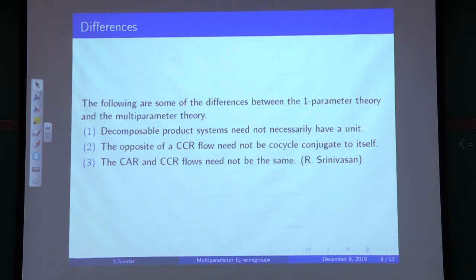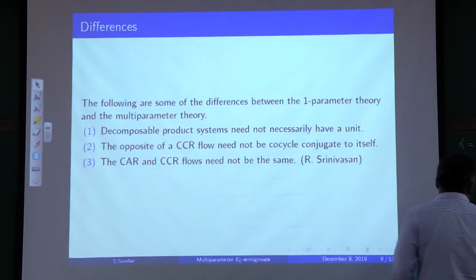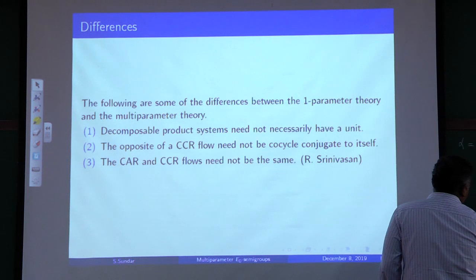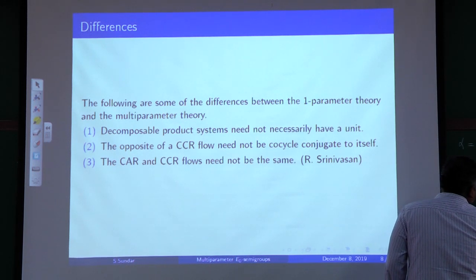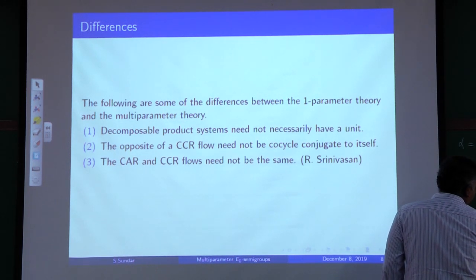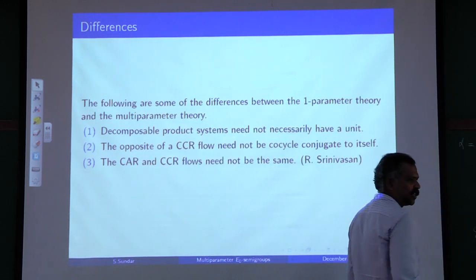In the second, if you take the opposite of a product system, that is very easy. It's the same thing, the product rule is just flipped. You define a new product rule. Suppose you have a product system, a field of Hilbert spaces having a product structure.